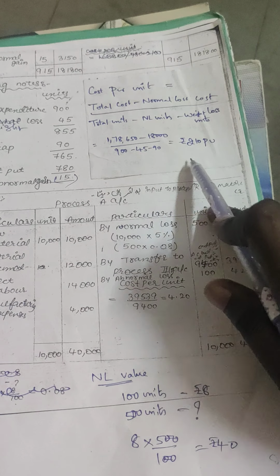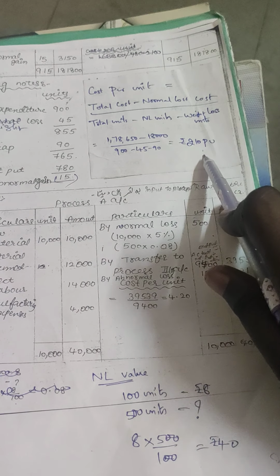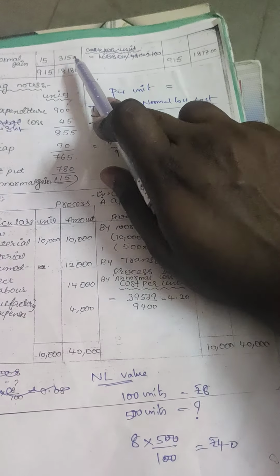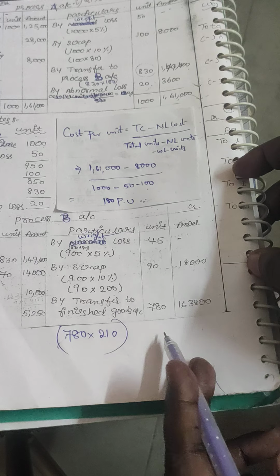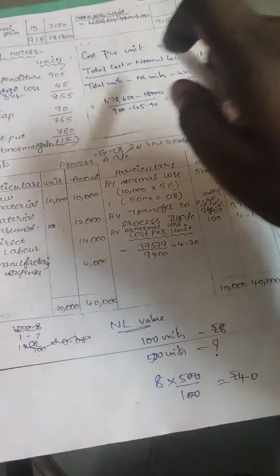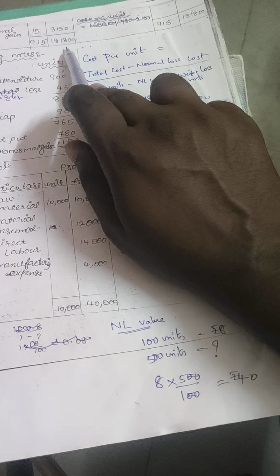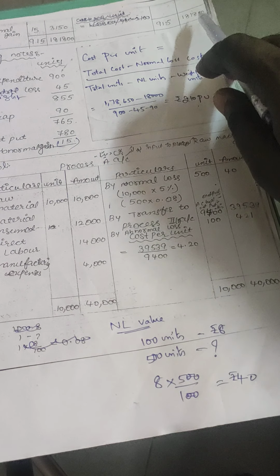So it is 210 per unit. So 15 into 210 is 3150, and 780 into 210 is 1,63,800. If I add debit and credit, here 1,81,800 debit, 1,81,800 credit.